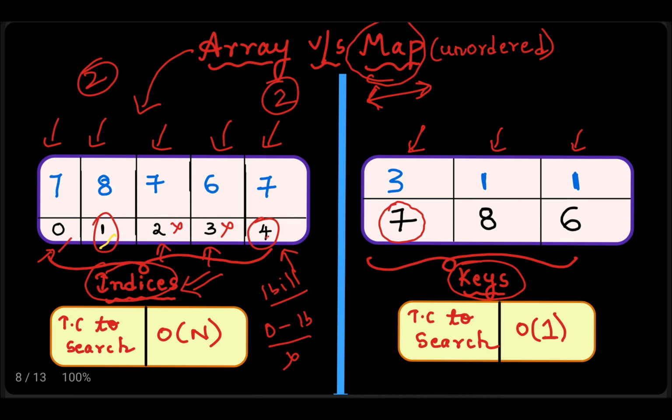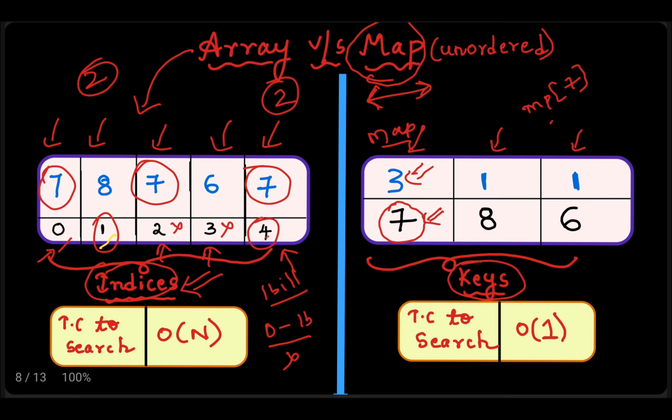Suppose I want to count occurrences of each element. To count occurrences of 7, I would need to traverse the whole array each and every time. But once I store the occurrences in a map with a key 7 and its value 3, I can simply call MP of 7.